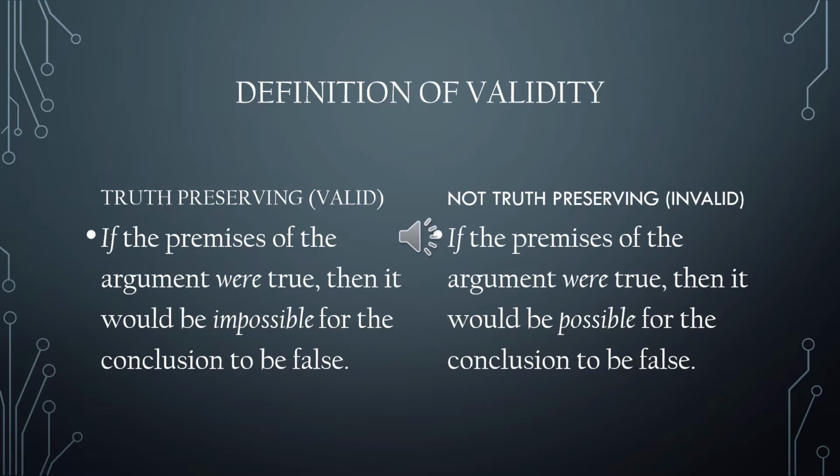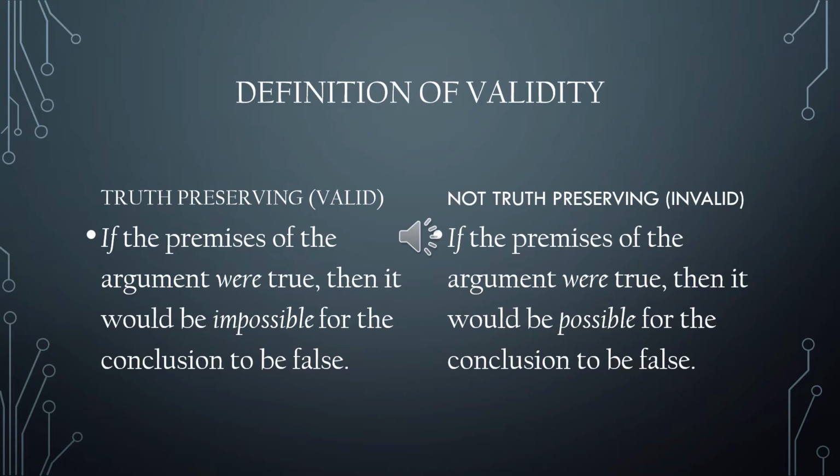The property of being valid, or validity, is equivalent to being what we call truth-preserving. That is, there's a property that some deductive arguments have that makes them truth-preserving. And what that means is, as the definition here states, if the premises of the argument were true, then it would be impossible for the conclusion to be false.